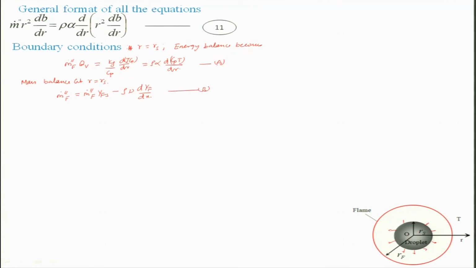Now, what will we do? We will multiply this equation by delta SC, and then add it to equation A, keeping in mind that we are using Lewis number equal to 1, and therefore instead of this I can write alpha, as Lewis number is equal to 1.